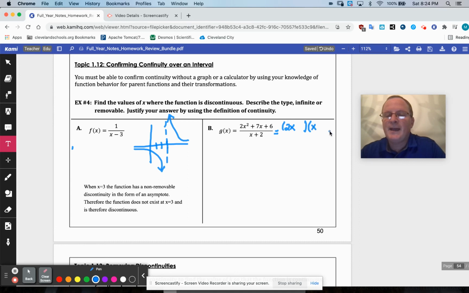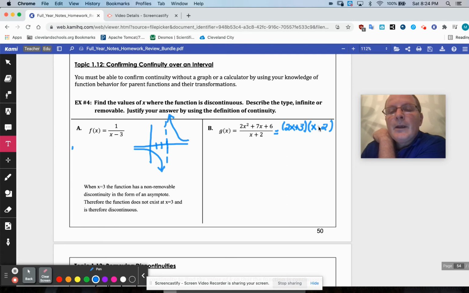Knowing that we need to get a 7 in the middle, the only way to get that to work out would be a 2 here and a 3 here.